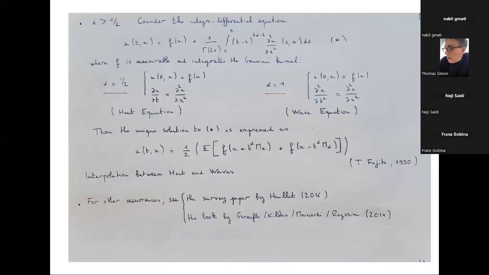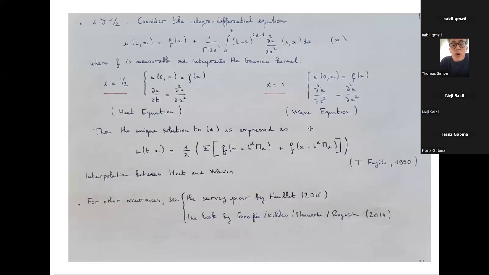in a well-known paper. And so you have something which really looks like the solution to the wave equation. But if you look at the case alpha equals 1/2, then you have the sum of the positive part of the Gaussian and of the negative part of the Gaussian.